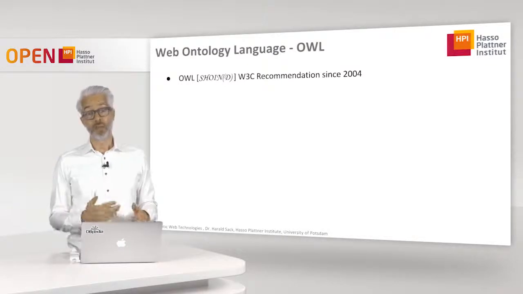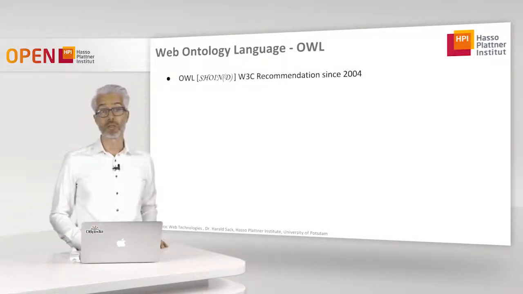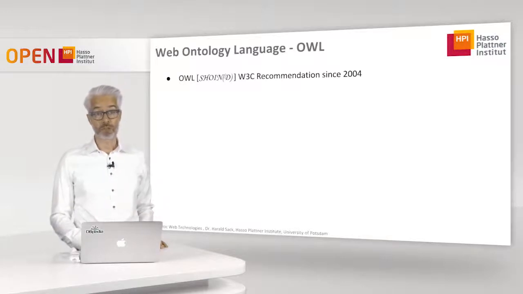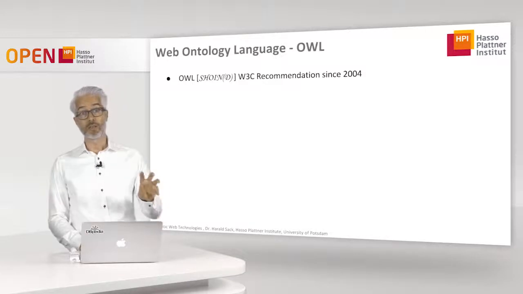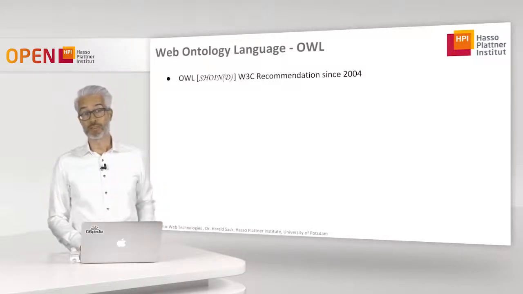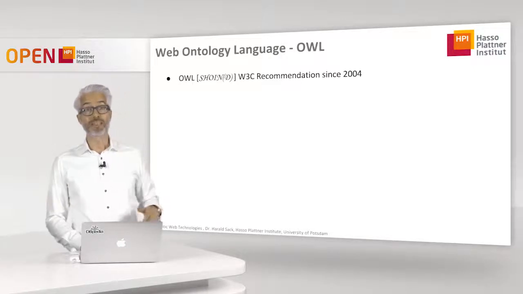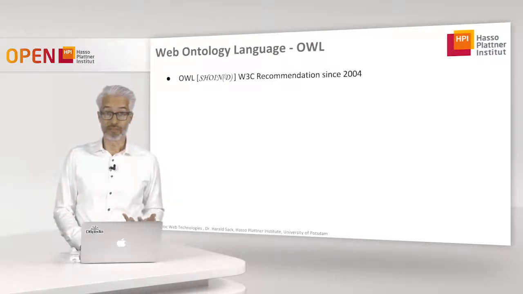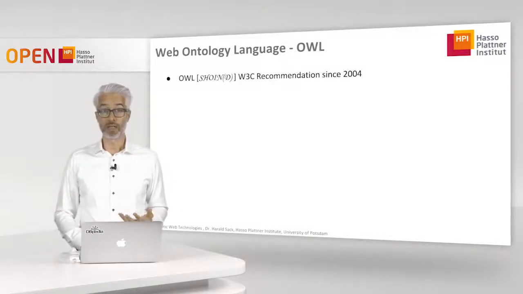So, OWL appears in several variants. The first one, the older one, OWL, is based on a description logic which is called SHOIN(D). And as you might remember, all these capital letters that you see here in the name of the description logics stand for some kind of property of the description logic or for some kind of constructor that is available there.